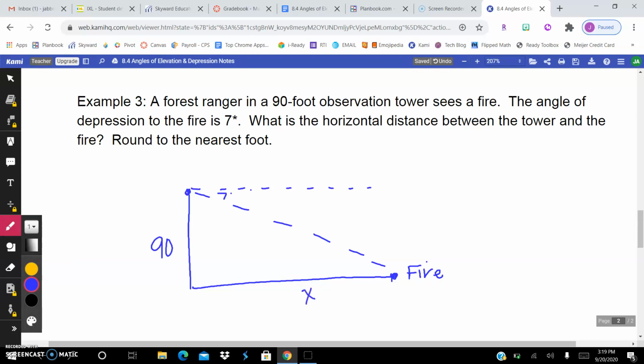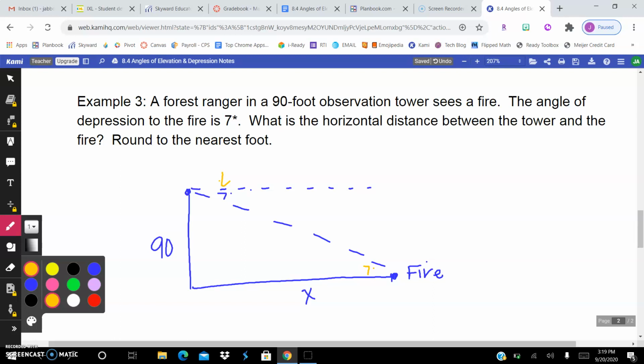All right, so what we know from our very first picture example up there with the angles of depression and elevation is that if there are alternate interior angles, those angles would be the exact same measure. So with this angle up here being 7 degrees, I know that this angle right here is 7 degrees because they are alternate interior angles. They are on the inside opposites.